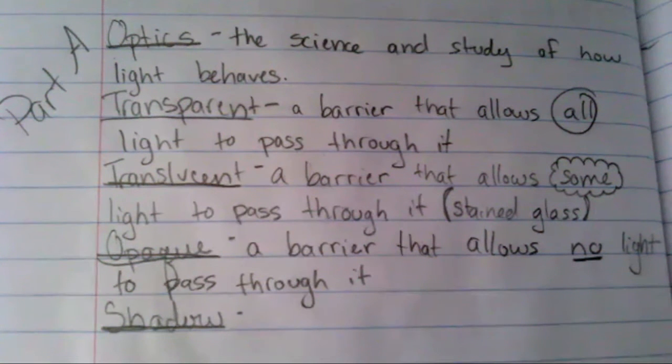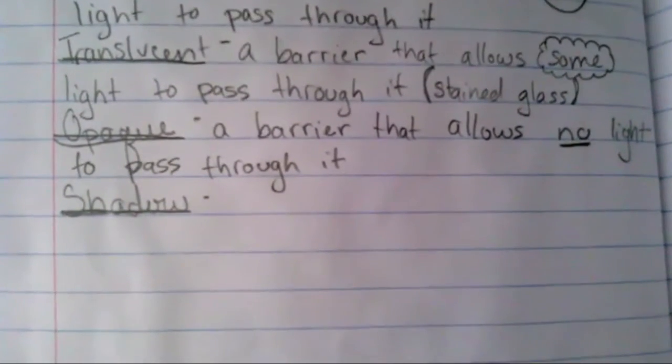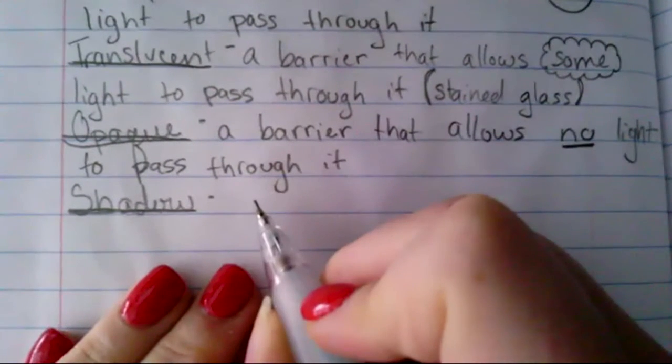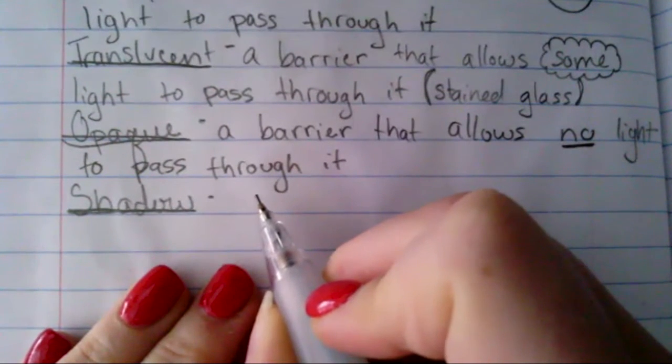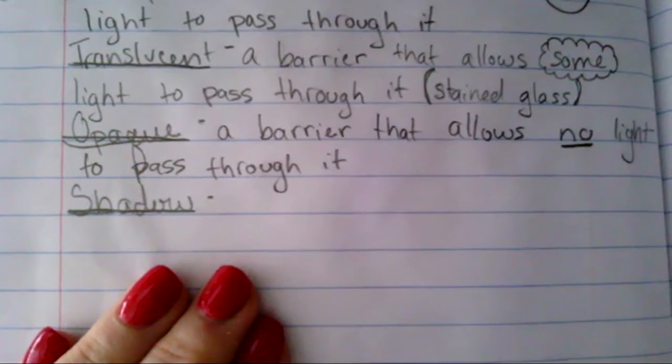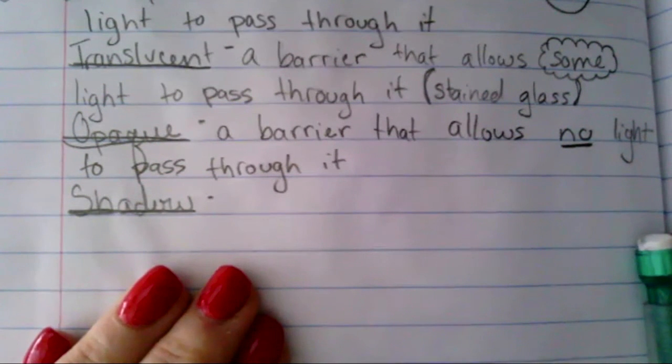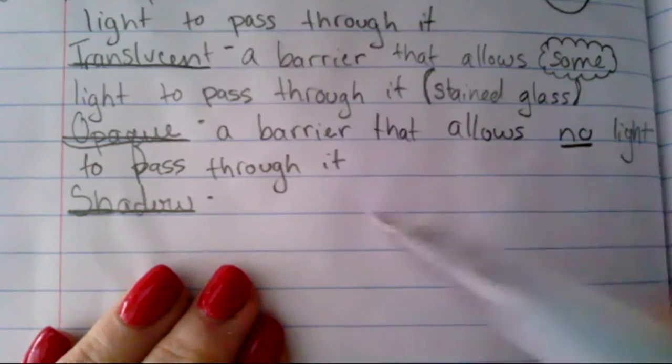What's a shadow? You're gonna need to unmute yourself. So the shadow is something that is created by light hitting a solid that is not transparent. So opaque.